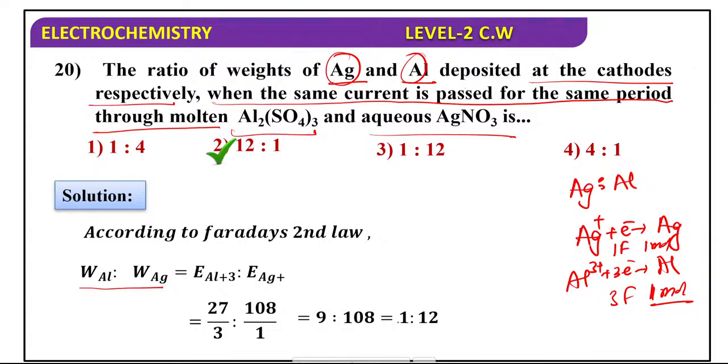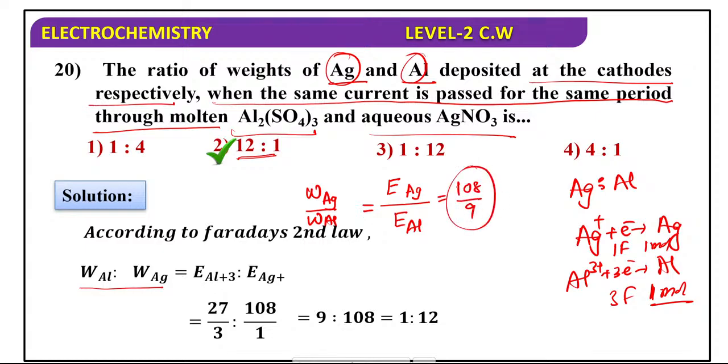So it is 12 is to 1, because equivalent weight of silver to equivalent weight of aluminium, that is equal to weight of silver to weight of aluminium. It is 108 by 9, right?